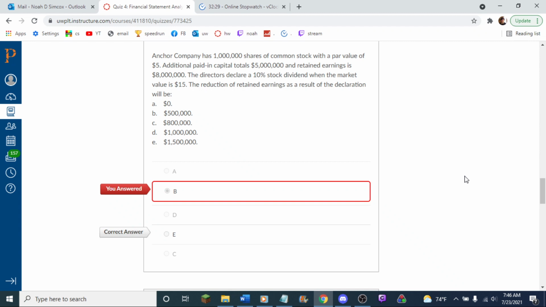Is this quiz over chapter 3? Stock dividend is what we're trying to look at here. I apparently don't know how stock dividends work, even after reading the textbook and asking the professor, and he didn't respond.